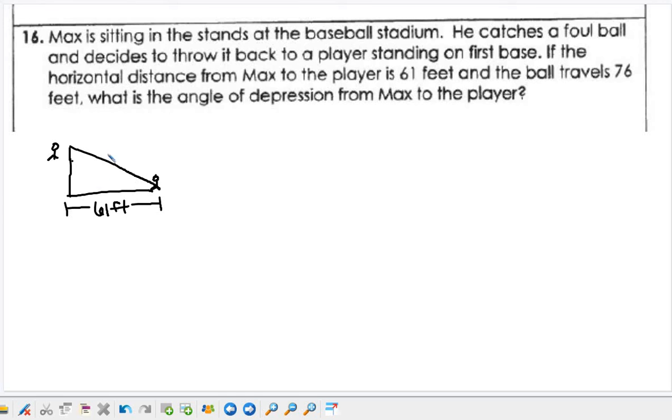So if the actual path of the ball is 76 feet, that's the hypotenuse. If he's above him, we already have the horizontal distance. He doesn't throw it straight down into the ground. What is the angle of depression? So remember that angle of depression is from the horizontal. So like this, so I'm looking for this angle here. And remember that if this is 61 feet, this is 61 feet.